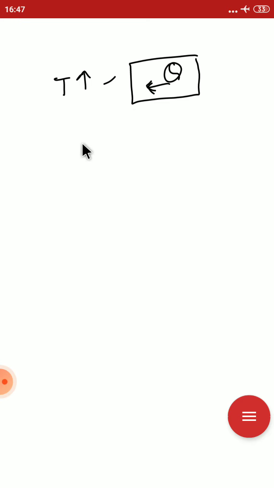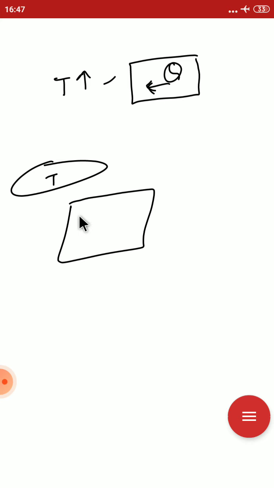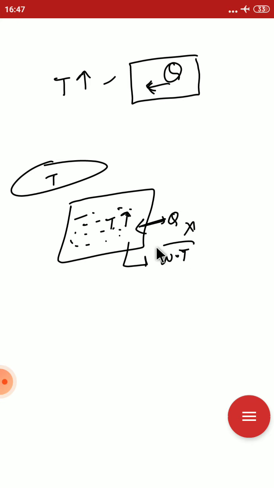When the temperature rises in a system, there may not be a heat transfer. If there is a fluid in a tank and its temperature is rising, it is not only because heat is given; it may be due to work transfer also. A body's temperature can be raised that way.